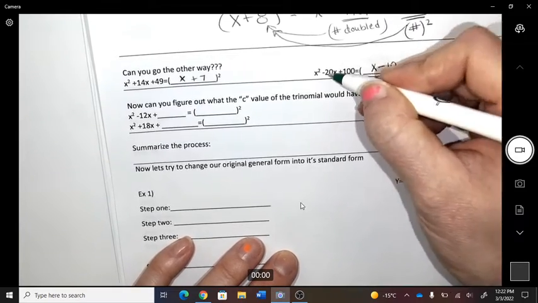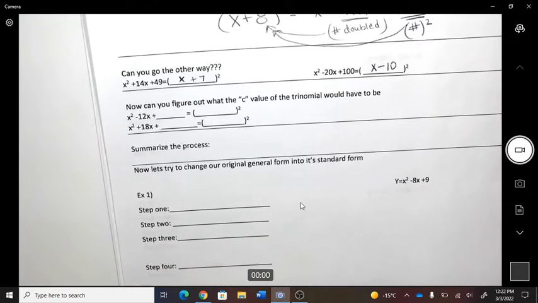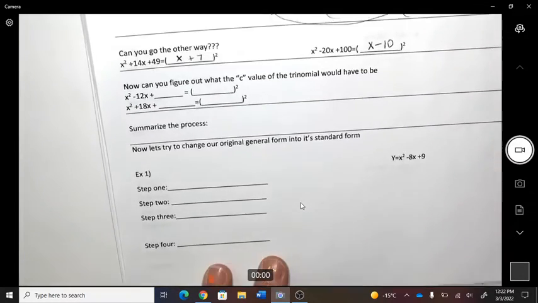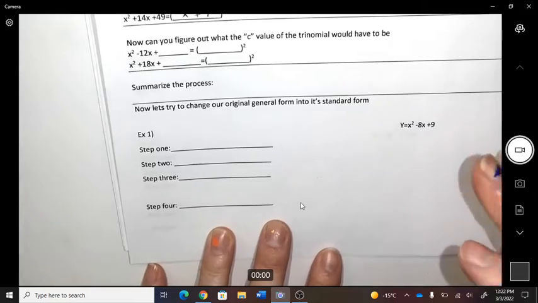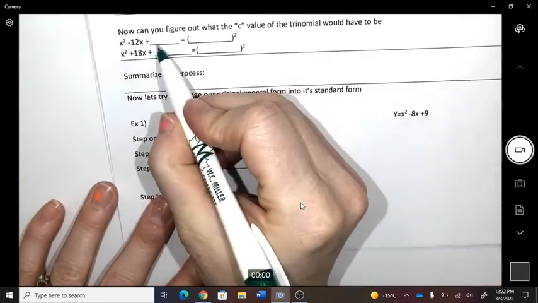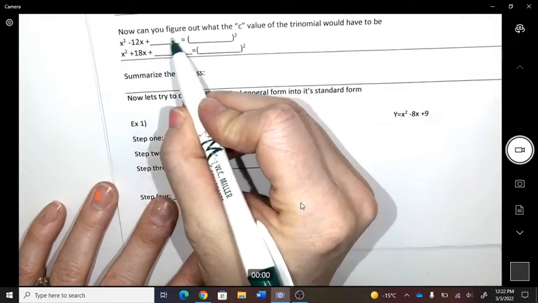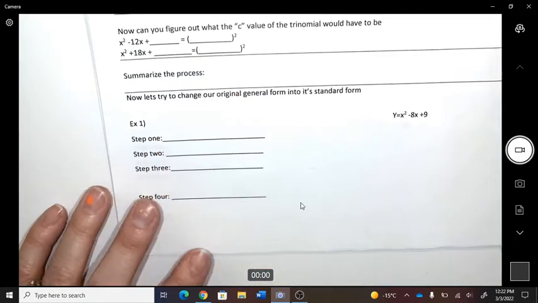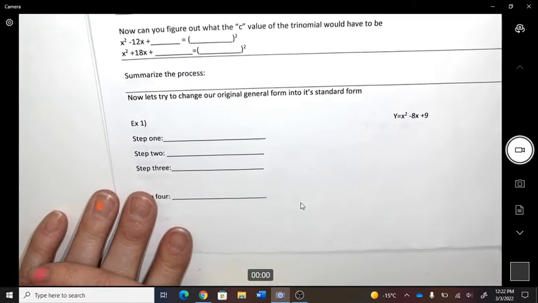Negative 10, because it doubles to that and squares to that. Okay, now I'm going to take you one step further. Can you figure out what I would have to put on this blank and what it would be to square?